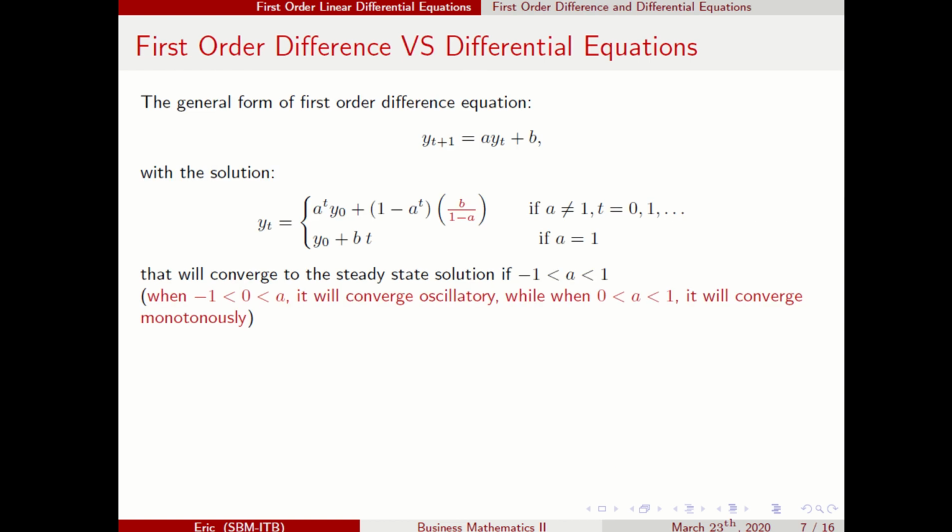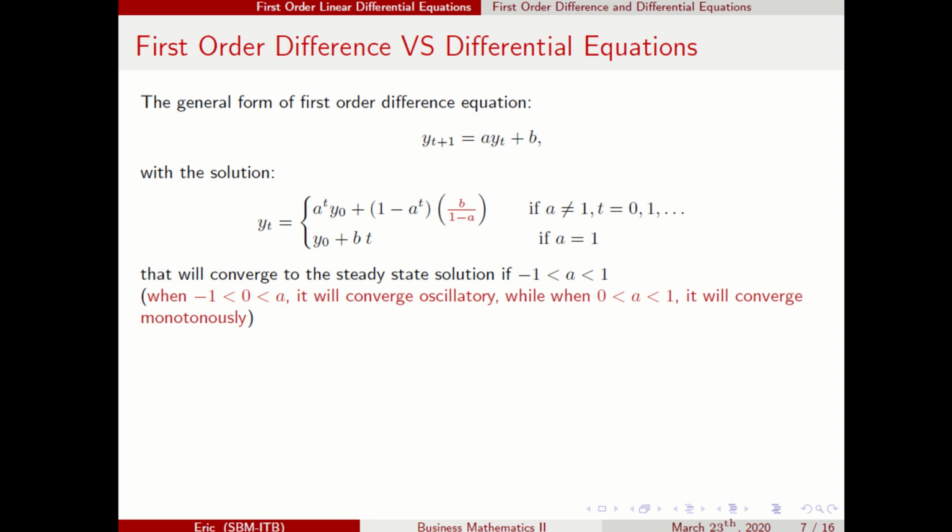So I can review what we have learned in 2 weeks before and today. In 2 weeks before, we learned about first order difference equations, but today we learn about differential equations. For the first order difference equation, we have y(t+1) equals a y(t) plus b, and the solution when a is not 0 and a is not 1 is given by this, and if a is 1, this is y0 plus bt.